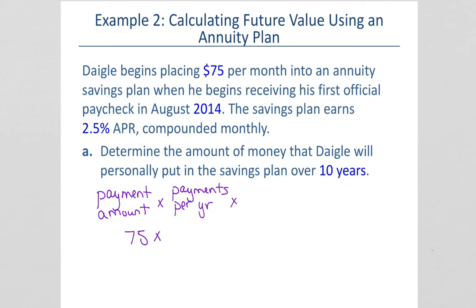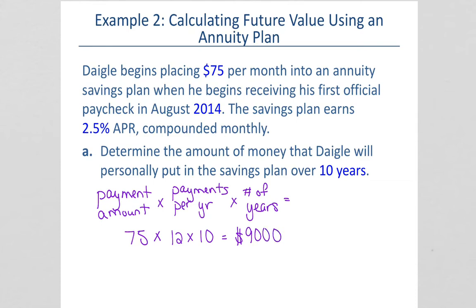That'll be 12 times the number of years, 10. Okay? So he will be investing $9,000 over those 10 years.